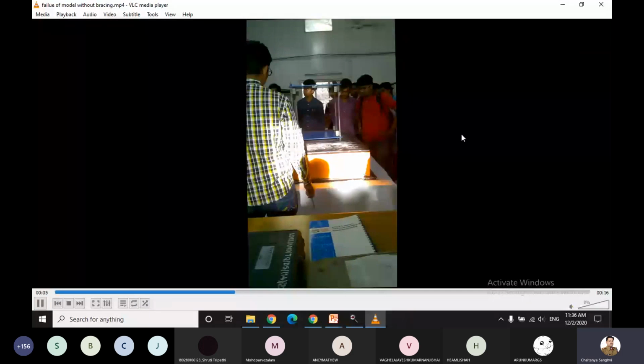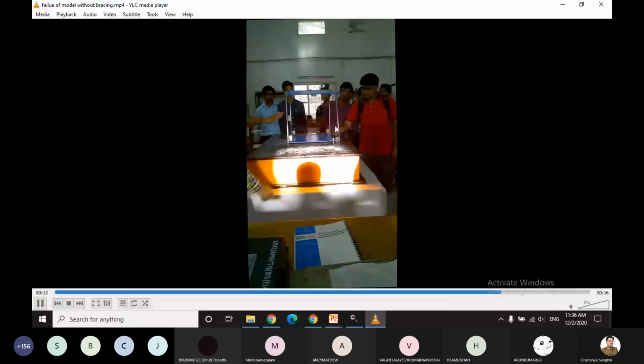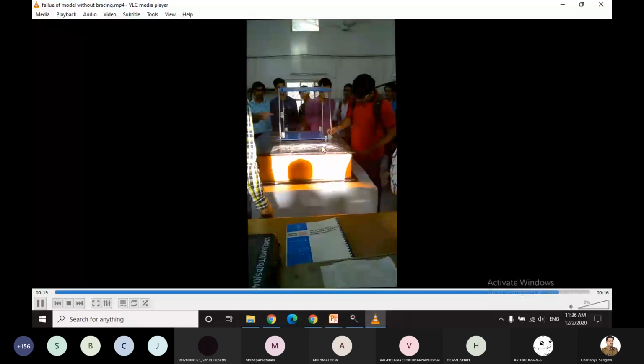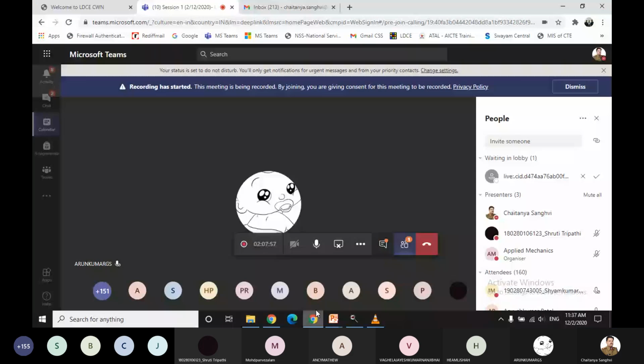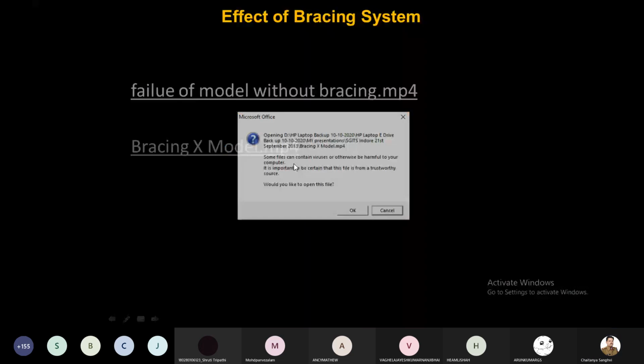The slab is resting on the column, right? And we are testing this. Look what will happen. Look at this. This is gone. Right? This is gone. Column is gone. It is broken. Right? We will see the next with the bracing. Right.